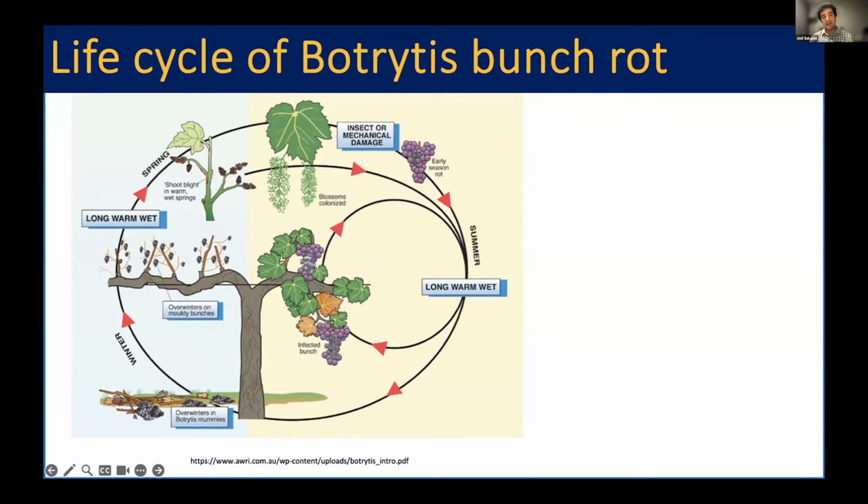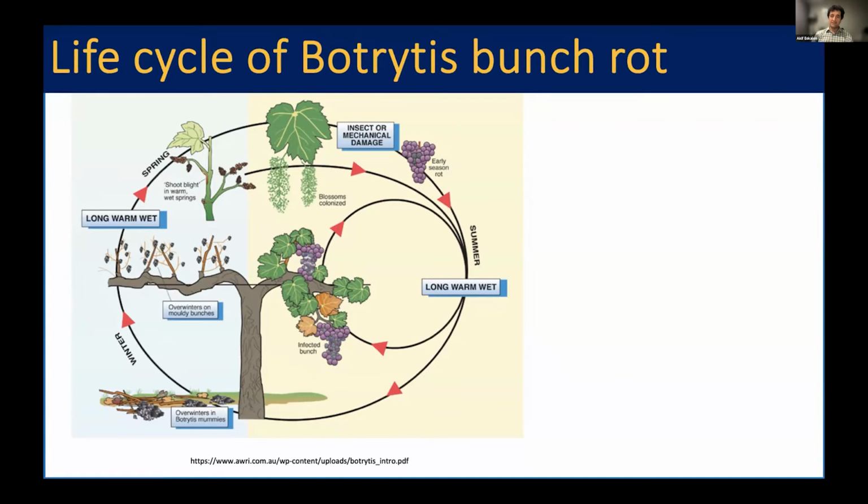A certain amount of infection happens during flowering because botrytis is known to act like a pollen, get into the pollen tube, and stay there until the right condition comes, which we call latent infection. But that spring flowering infection rate is very low.